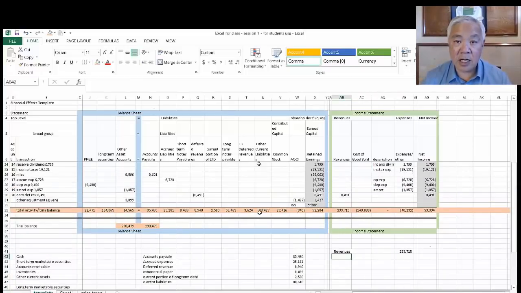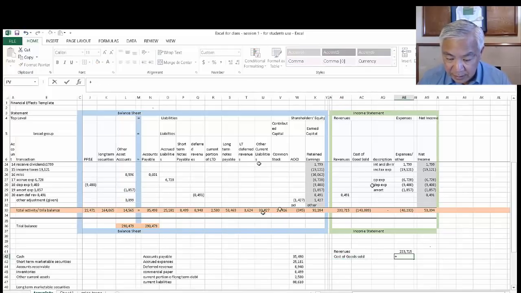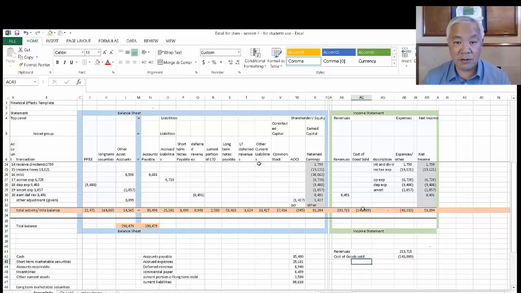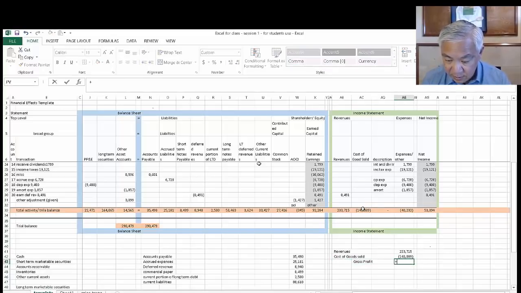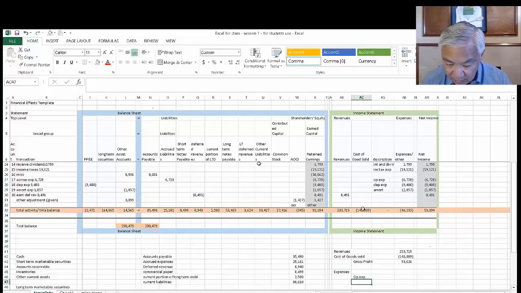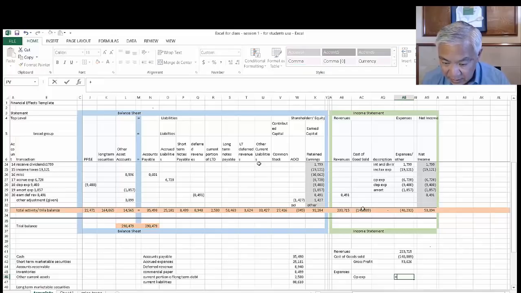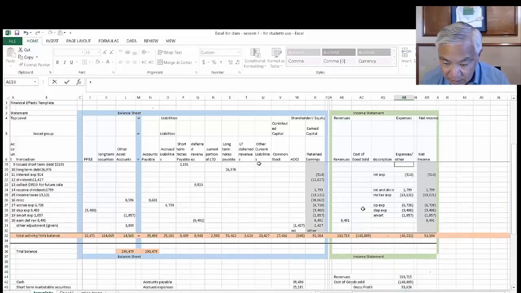Next item is cost of goods sold, and I'll just show it as 140. The subtotal now is gross profit, which is 233 plus 140, which is a negative 93, and then we have expenses. Operating expenses, and we have quite a few of those, so we'll go plus, and we'll look on top.